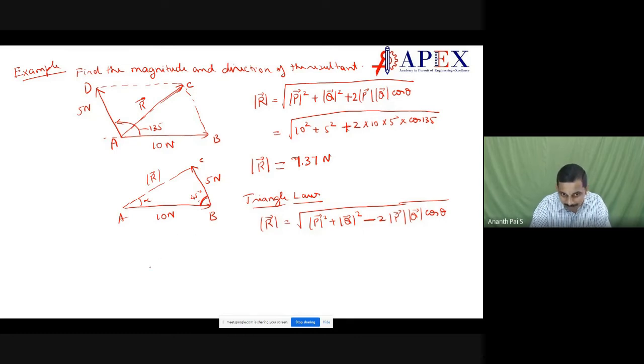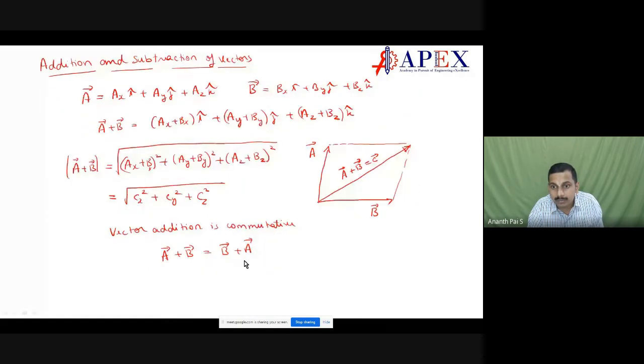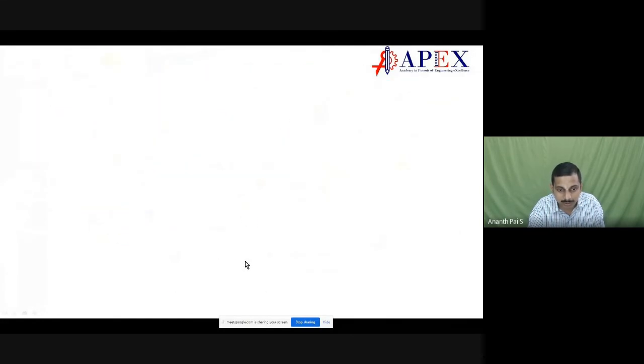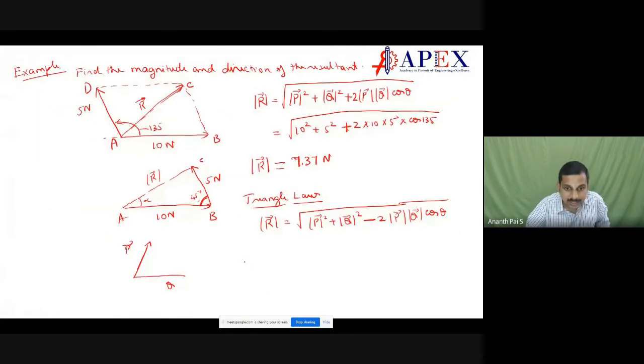The same thing happens the other side also. Let us follow the same thing here. What was P and Q? P and Q was the other way around, correct? So let us take this as P, this as Q, that's how it was.